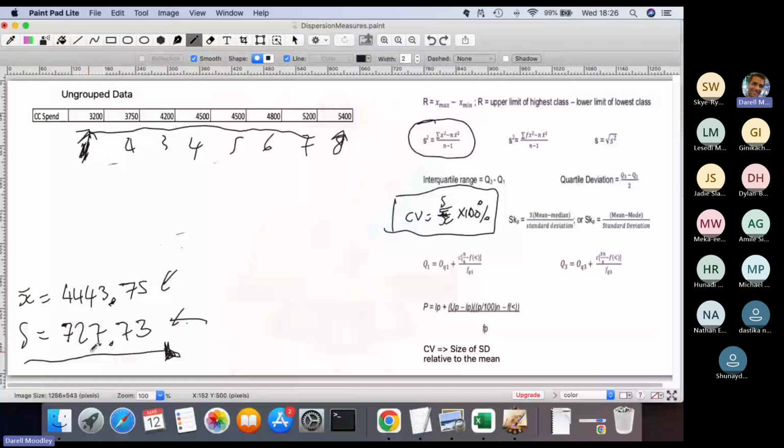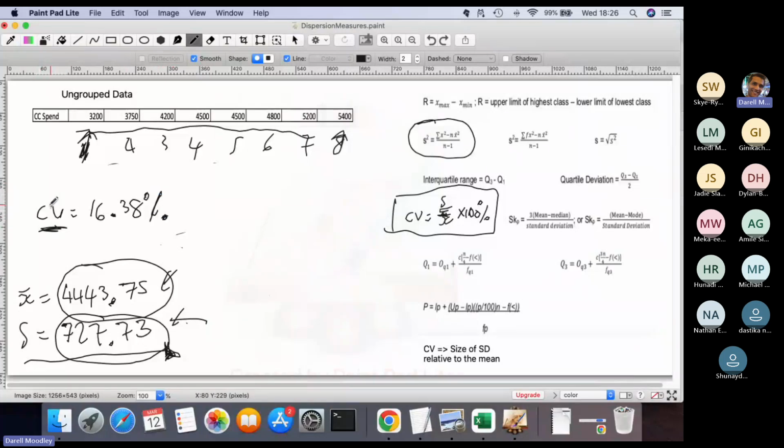So you're taking this number here and dividing it by this number and you express it as a percent. If you do that, you'll get 16.38%. So this is something else you can get asked, and you just need to know how to do it. When they ask for coefficient of variation, you're looking for CV. That's the abbreviation. CV is coefficient of variation.